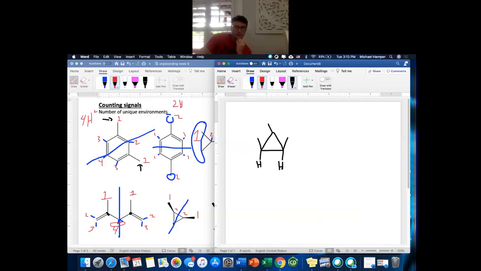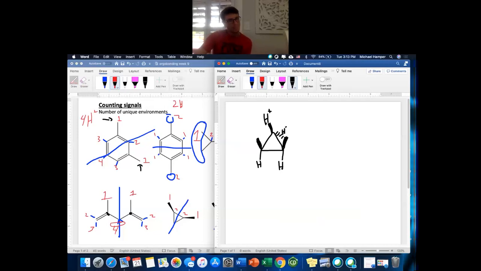And again, this carbon is sp3 hybridized, so one of the hydrogens could be wedged, another could be dashed. You don't have to do this. This is just for explanation purposes. So here's your methyl, here's your H. This H, I'm just going to put a plus and minus.